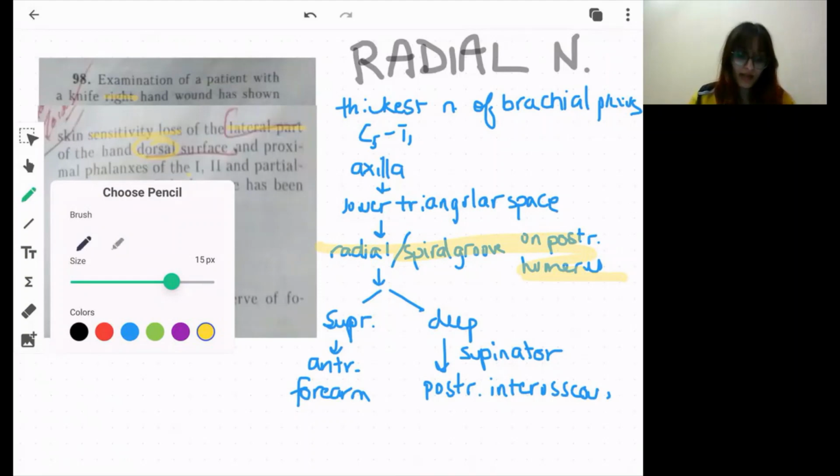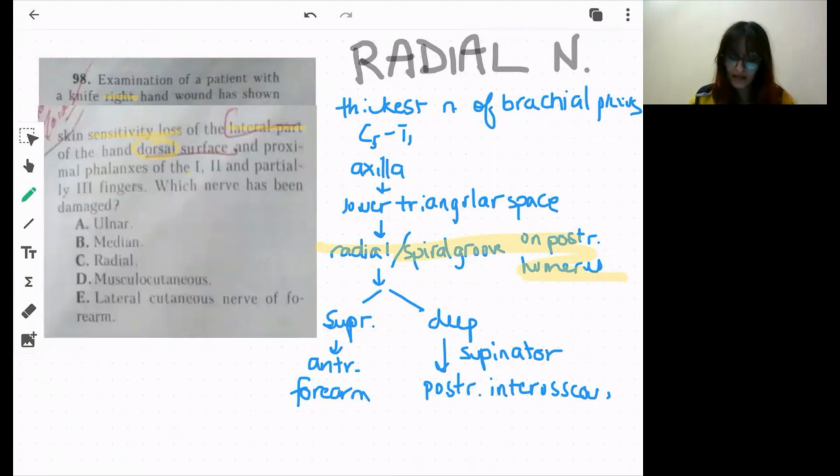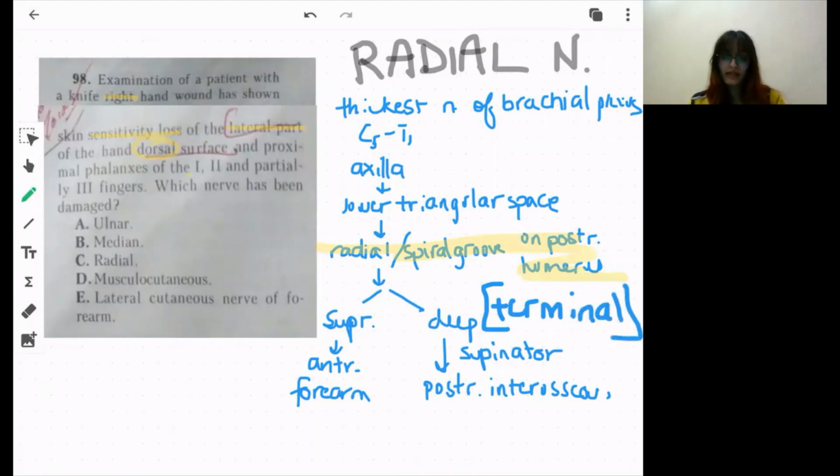These are the terminal branches. The superficial runs to the anterior forearm. The deep, after piercing the supinator, becomes the posterior interosseous, and then it goes to the posterior forearm.